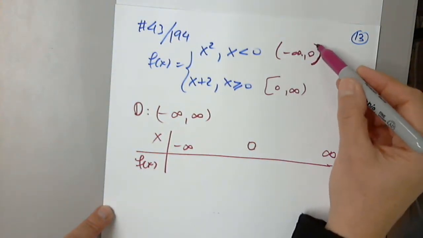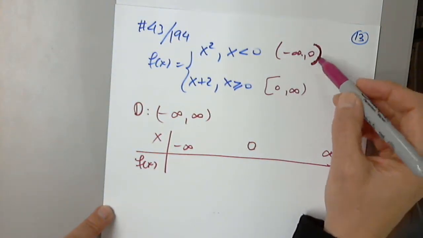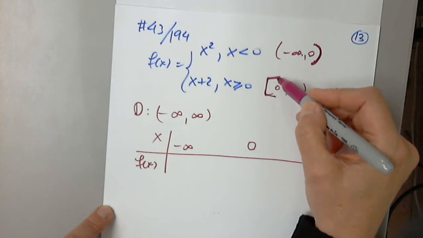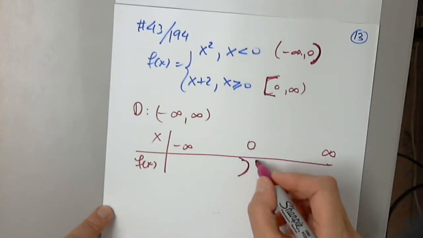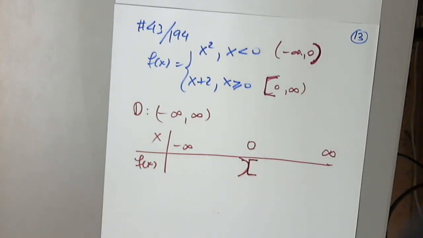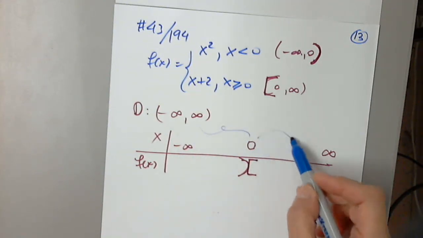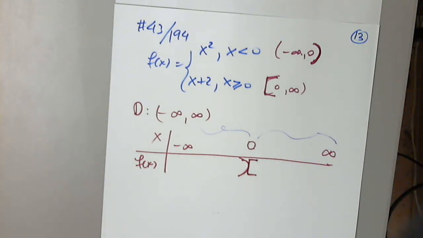Look at the symbols now. Parenthesis to the left and bracket to the right. Parenthesis to the left under 0 and touching a bracket to the right. Which function do we use between negative infinity and 0, and which function do we use between 0 and infinity?